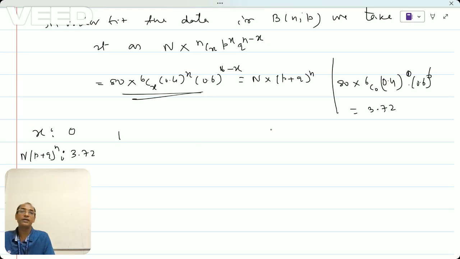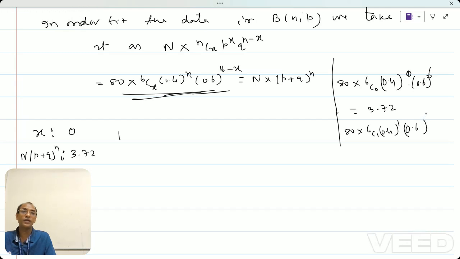Now for x equal to 1, it will be 80 into 6C1, 0.4 to the power 1 and 0.6 to the power 6 minus 1, which is 5. If you simplify this, you will get approximately 14.93.